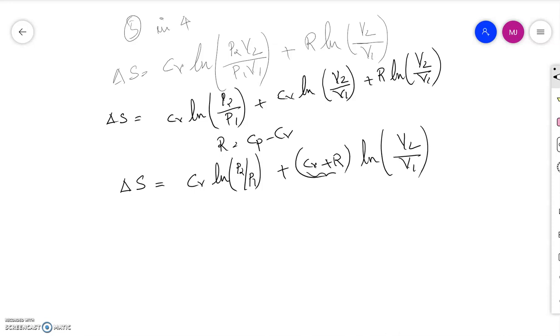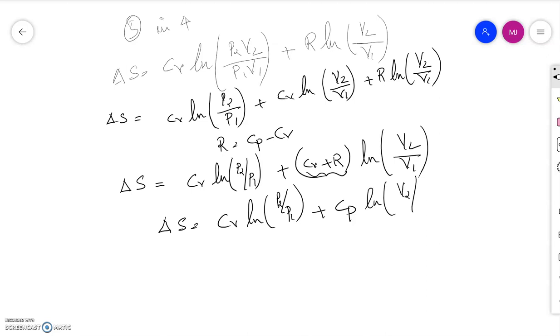We know that Cv plus R is actually Cp. So the equation becomes delta S is equal to Cv ln P2 by P1 plus Cp ln V2 by V1. This is another expression of equation 4.